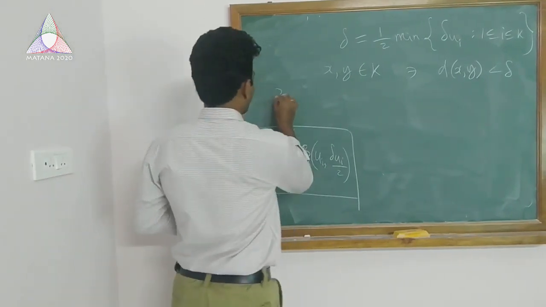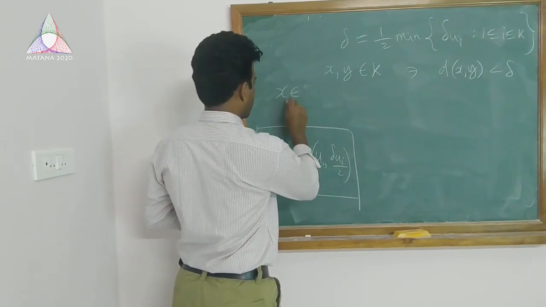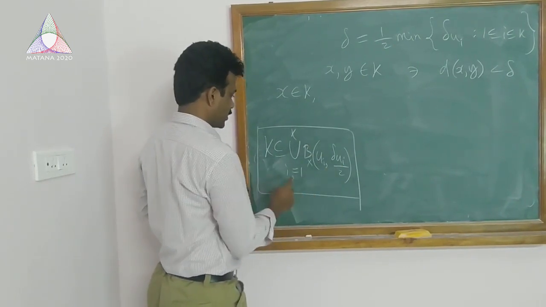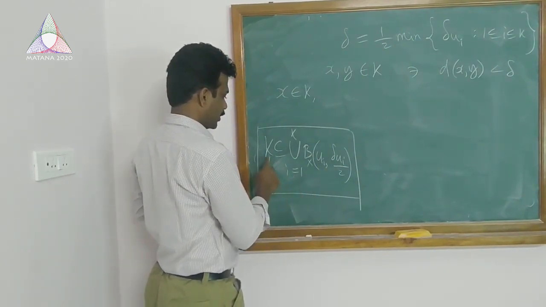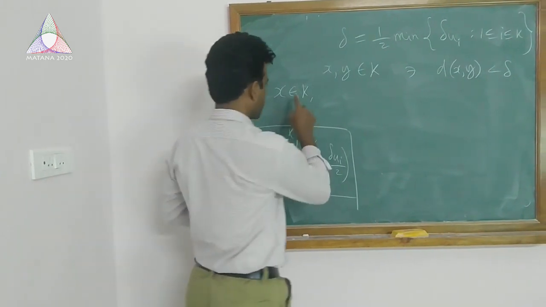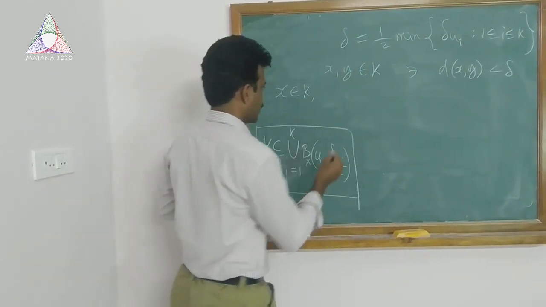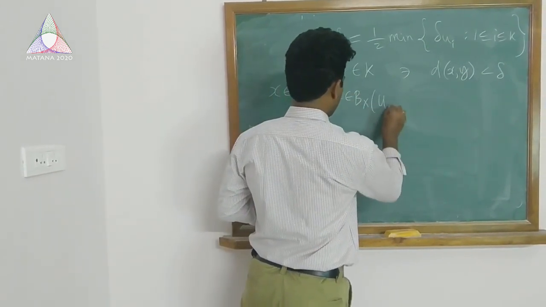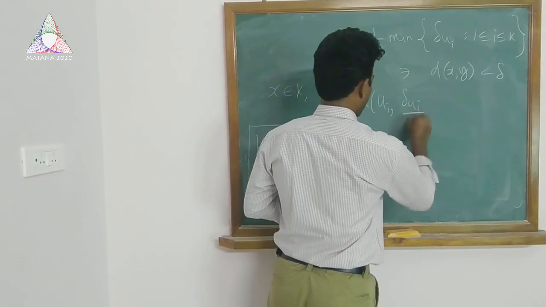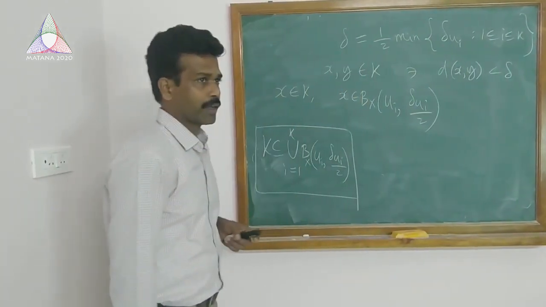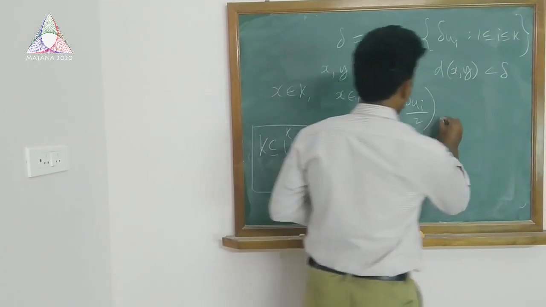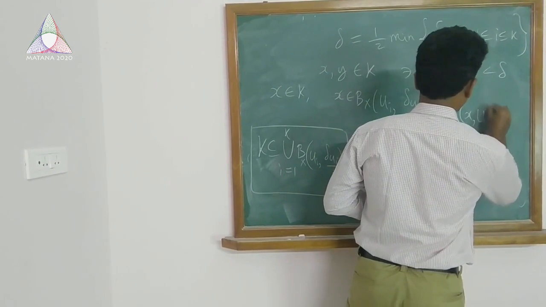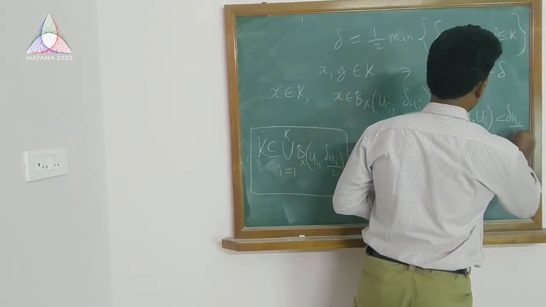So now I take the first element, an arbitrary element x in K. As finitely many balls cover the entire K, this x must be in one of the balls. Say x is in the ball centered at u_i with radius delta u_i by 2. This implies d of x comma u_i is less than delta u_i by 2.